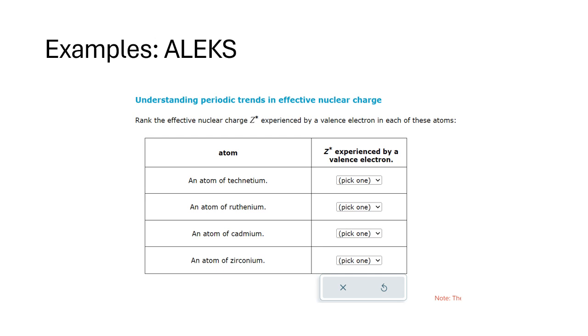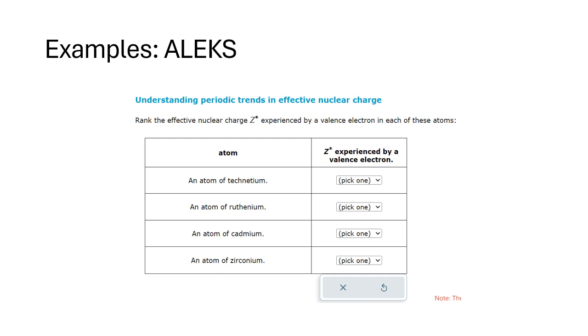So it says rank the following by experienced nuclear charge. So I'm assuming that 1 is the highest nuclear charge. I'll have to look on ALEX. But we know that nuclear charge, as we go across the periodic table, gets larger. So cadmium is the closest to neon, or to the right, so it's going to be 1.